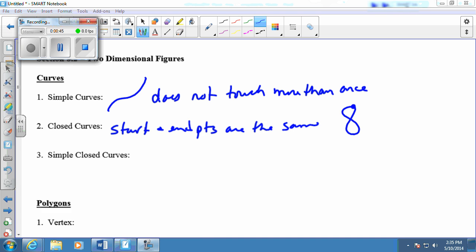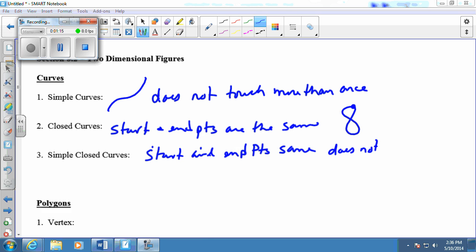And then we have a thing called a simple closed curve. What happens is the start and the end points are the same. But what happens now is it does not touch a point more than once.